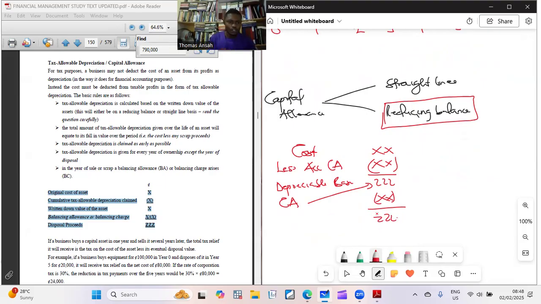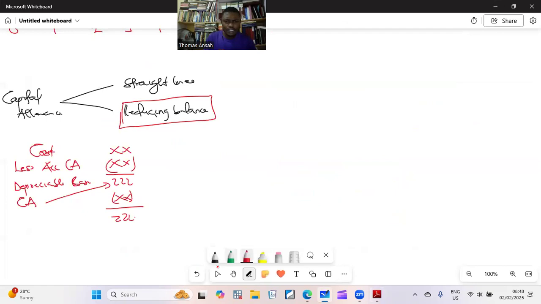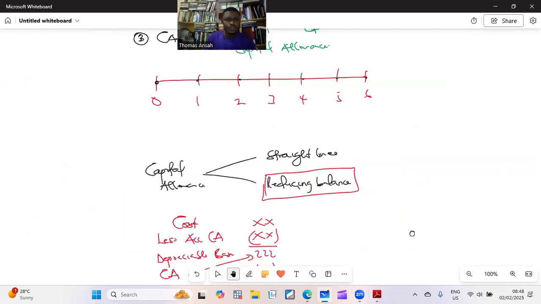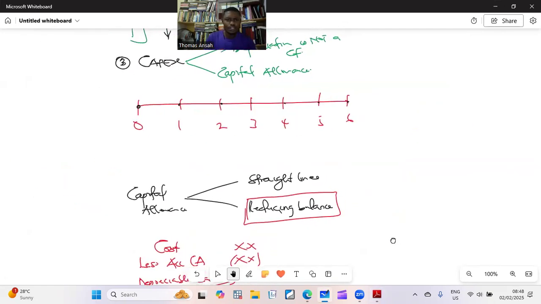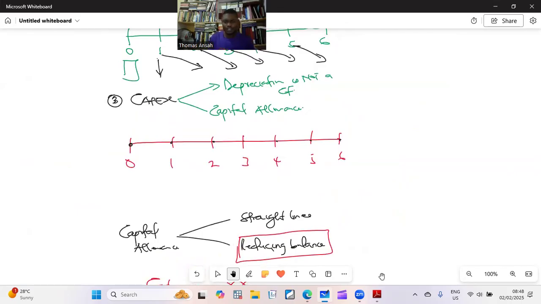All right. So that is what you have to know. Take note of that because I will explain this. If the asset is disposed and things, I will explain how that one works when we are looking into it in a question. But stay with me here. Let me explain something to you about this table, this graph that I've done. Now watch this. Capital allowance is claimed.